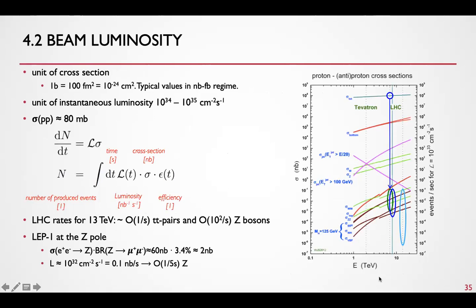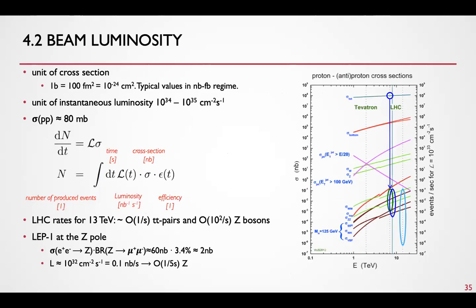I want to end today's lecture by going again at luminosity and cross-section, because it's really very important. It's at the heart of what we are doing at the different facilities, and the calculation I just skipped, we can do next time.